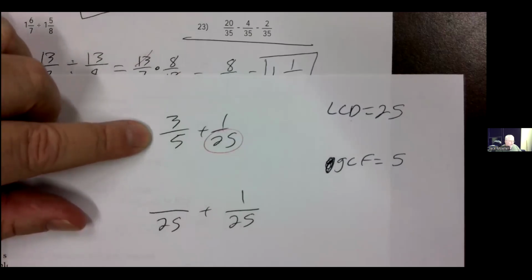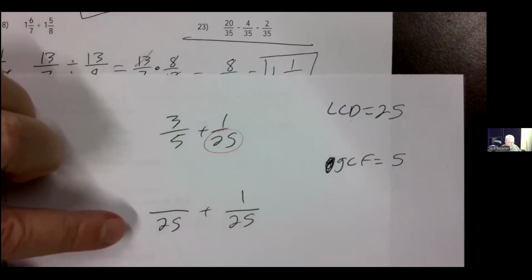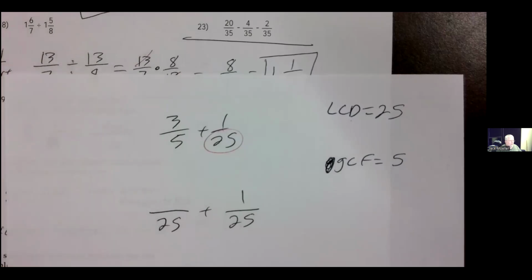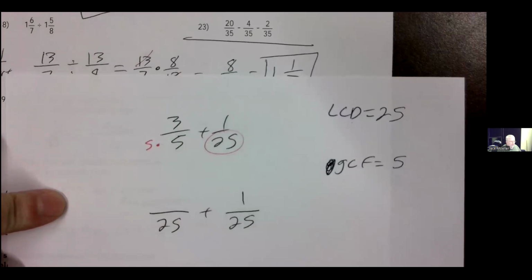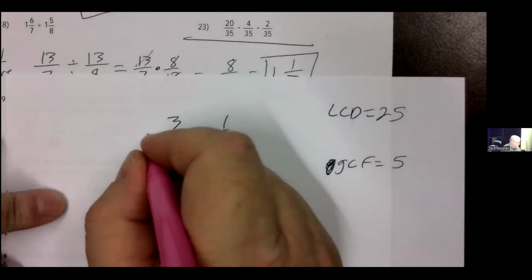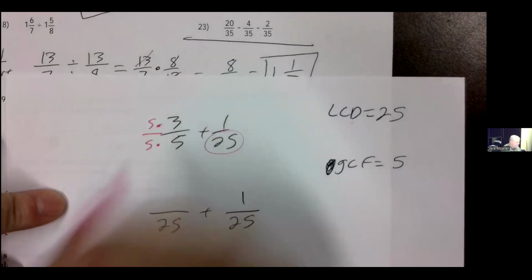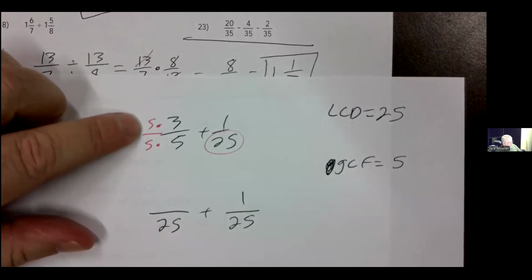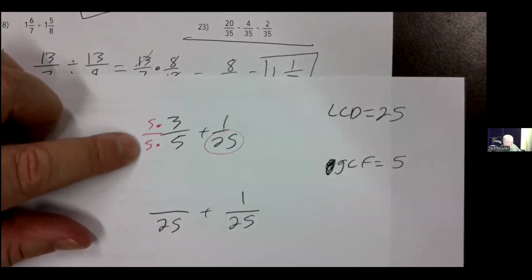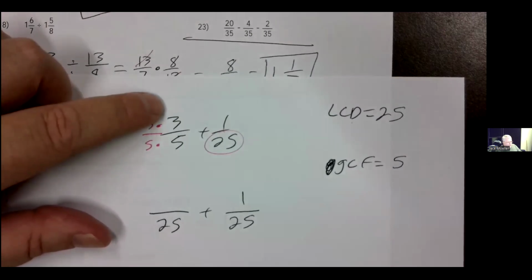So what do we do with 3/5 to get 25 on the bottom? Well, 25 divided by 5 is 5. So we have to multiply the bottom by 5. And here's where the majority of mistakes are made: you can't just multiply the bottom, you've got to multiply the top. Basically, we're simplifying in reverse. 5 divided by 5 is 1, so you're essentially multiplying this by 1.